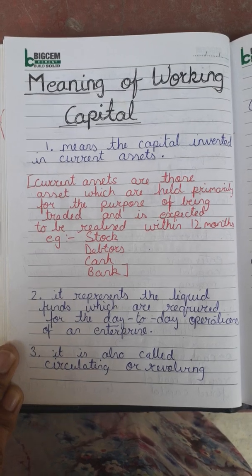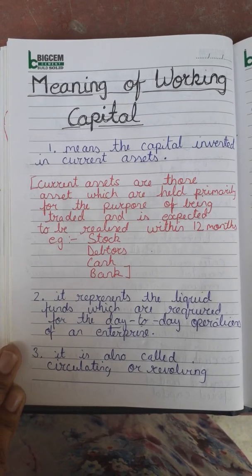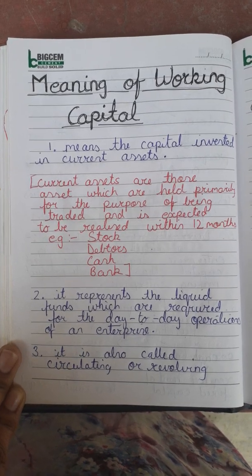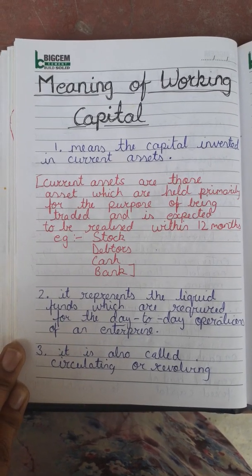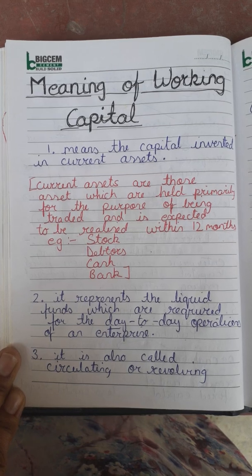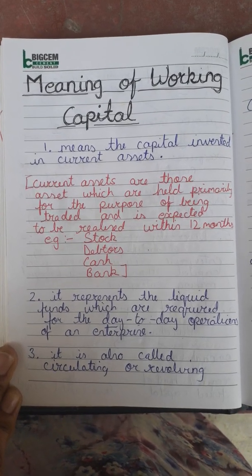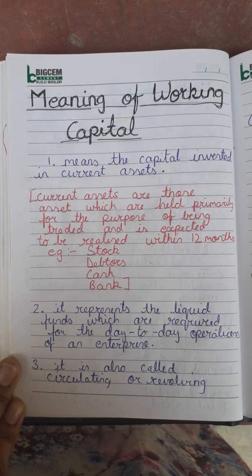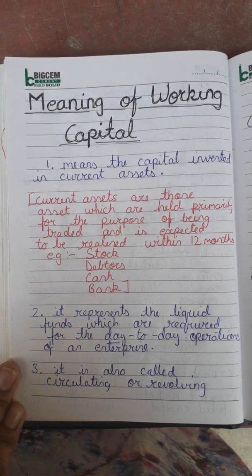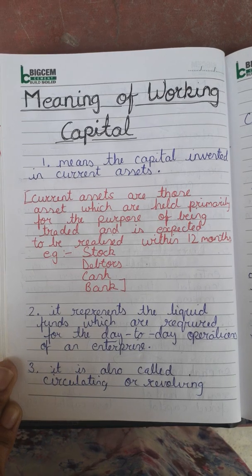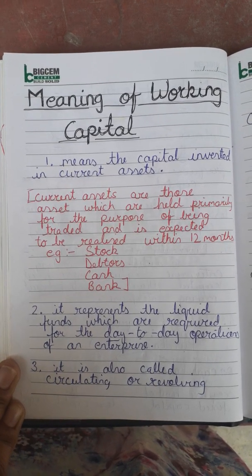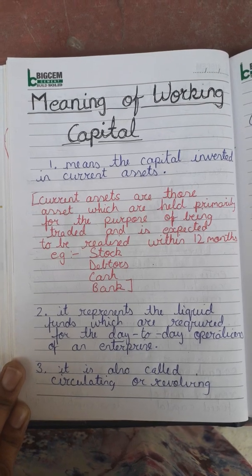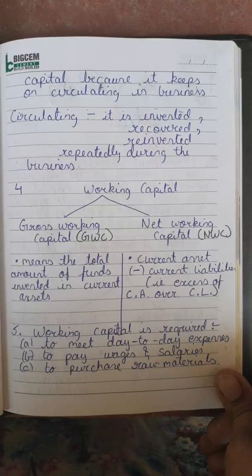What is working capital? Working capital means capital which is invested in current assets of a firm. That means capital is invested in those assets which help a firm in day-to-day operations of an enterprise, and hence working capital is also called circulating or revolving capital.